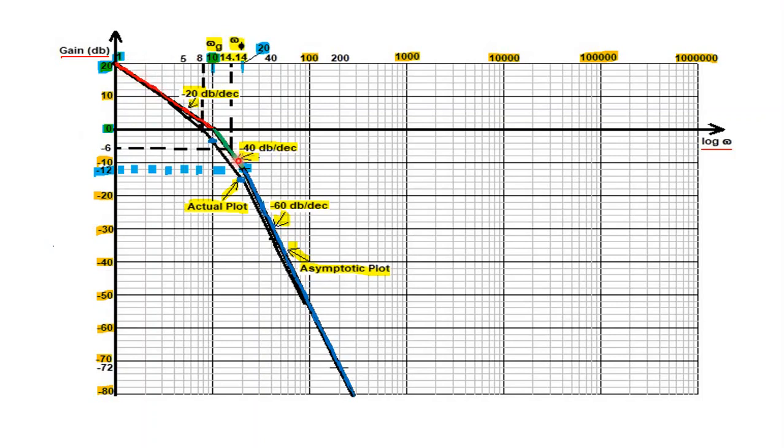Minus 40 dB per decade means minus 12 dB per octave. That way also we can do. So at 10, 0, therefore at 20 it is minus 12. Like that also we can mark. Otherwise, up to 100 you mark, join up to minus 40, then remove that portion.